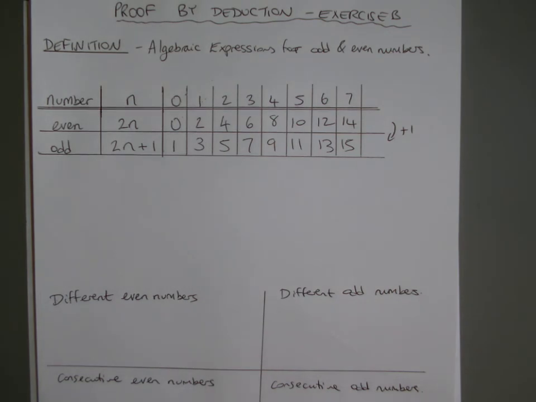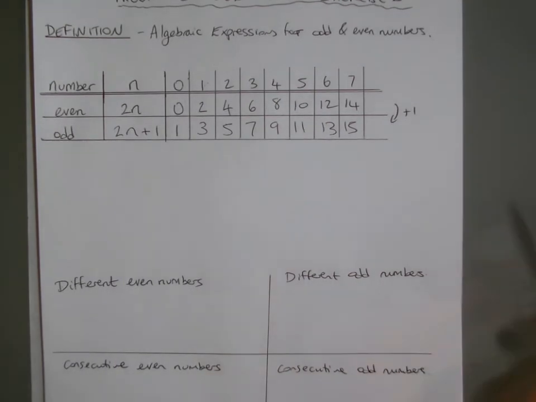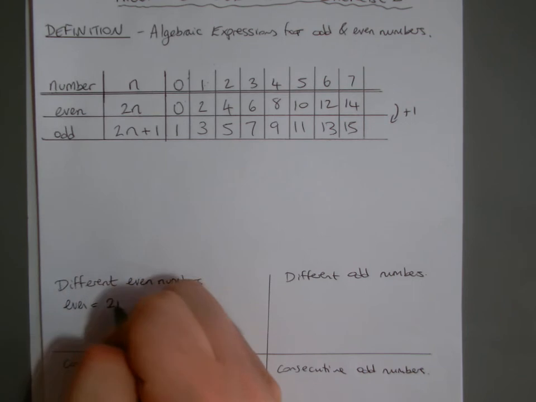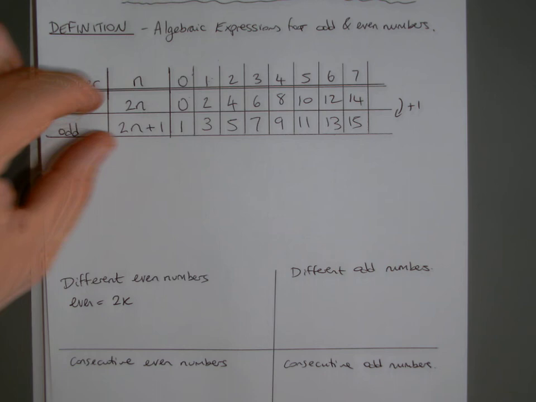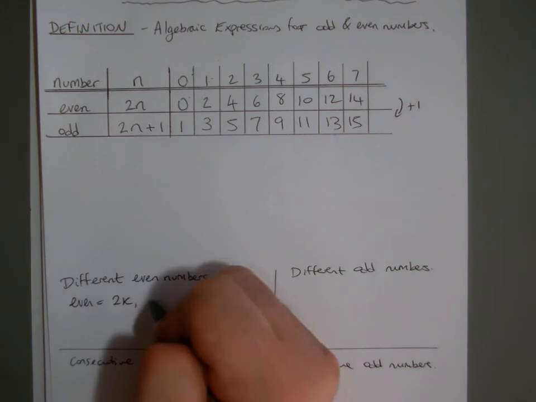Now, if we wanted to choose a specific even number somewhere down the line, but we didn't know what it was, we could represent it by, say, 2k. We don't have to use n, because that's the general representation. So the even number would be 2k for a specific k.